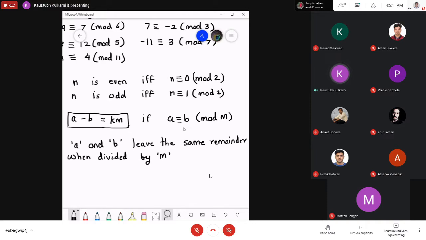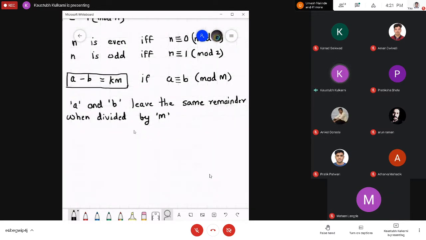A and b leave the same remainder when divided by m. Okay, now there is a slight distinction. There is a new terminology, it might be new for you. Now there is something called a residue.